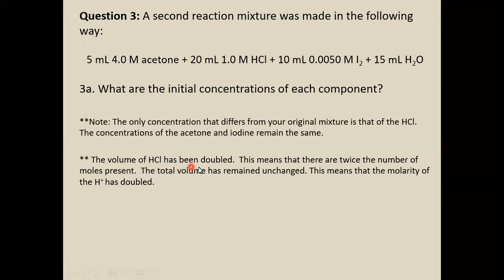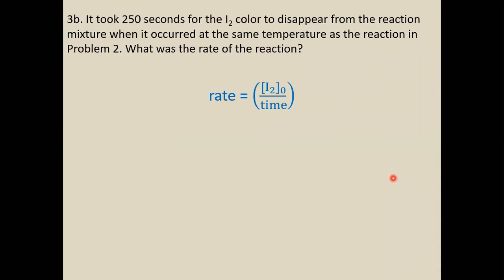The volume of the HCl has doubled. That means there's twice as many moles in the same volume, which means the molarity of the H plus has doubled. So it's gone from 0.20 molar to 0.40 molar. And our acetone is still 0.40 molar, and our iodine is 0.0010 molar. These are the values that we're going to use to find the rate of our second reaction mixture.